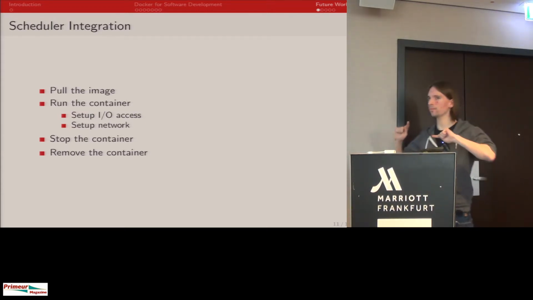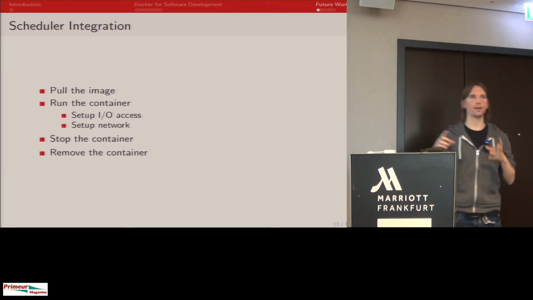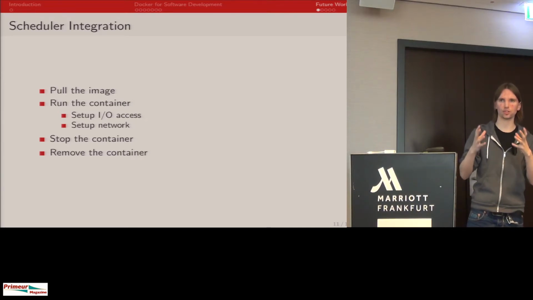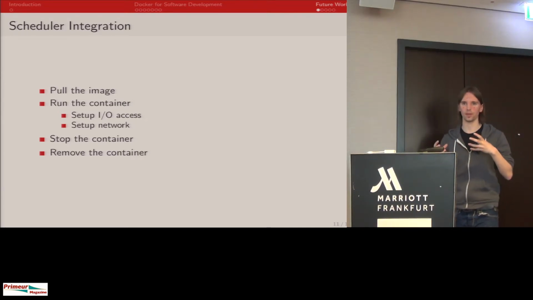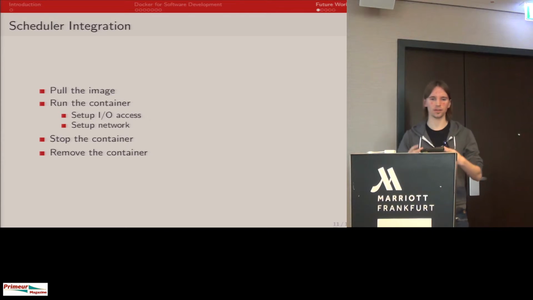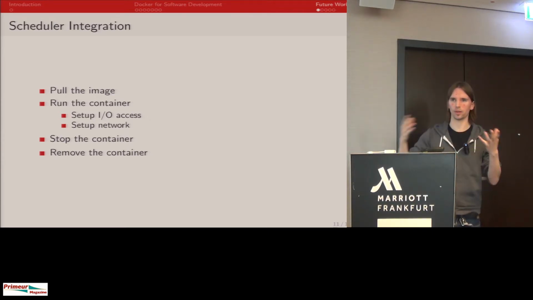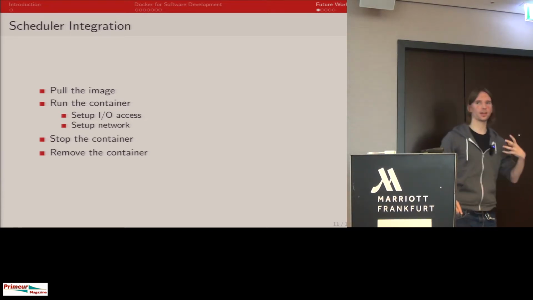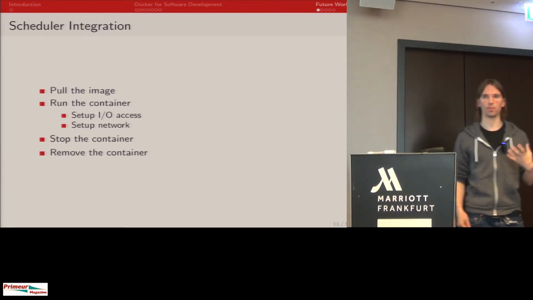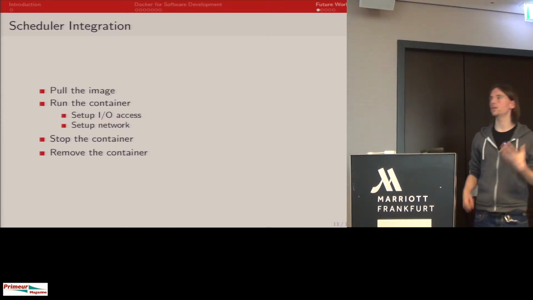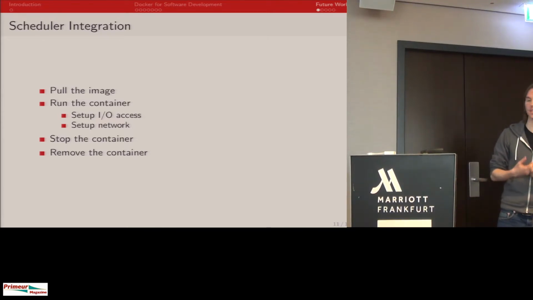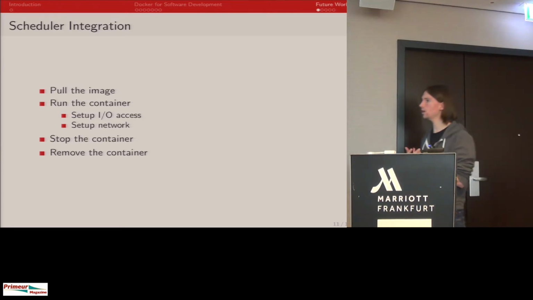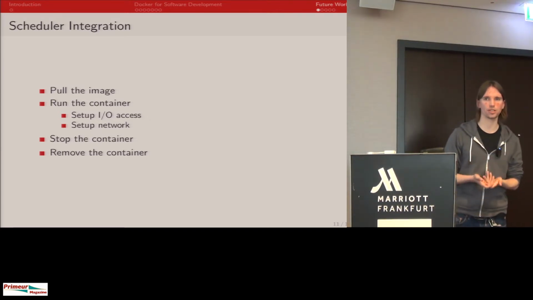So in this case, I would have the application bundled inside of the actual Docker container. I can just take the container, say run it, and it will be run on the production system. But there are multiple issues that emerge from this use case, and these are some of the problems my master thesis tries to solve. For example, we need proper scheduler integration.